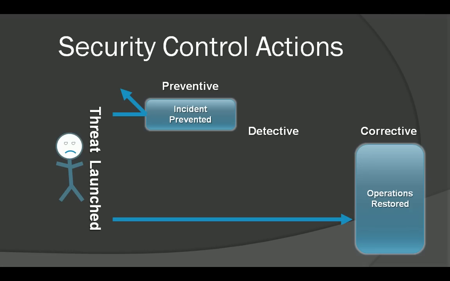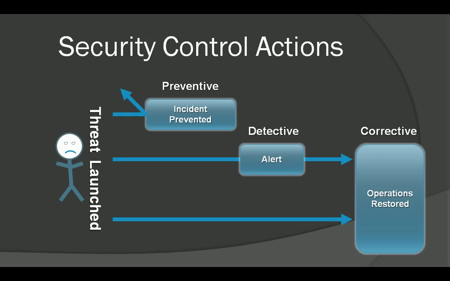So hopefully corrective can help us add additional preventive controls to prevent that from happening again. So that would be a corrective control. And finally, with a detective control, our user does break in. So we still need our corrective controls, but our detective controls hopefully can alert us that somebody broke in. So we still have to take corrective measures, but the detective tells us that it happened.